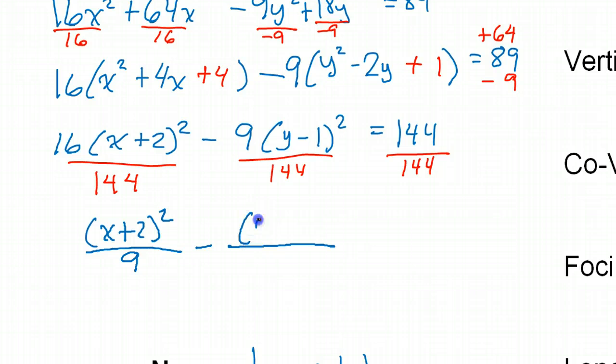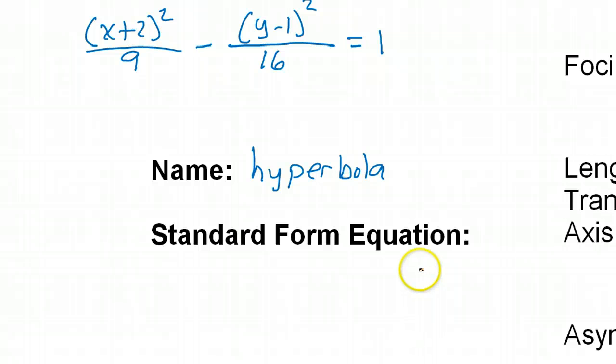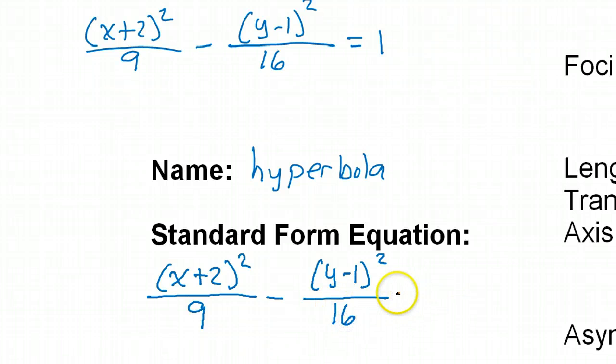That means this is going to be y minus 1 squared over 16 is equal to 1. Okay, let's just copy that down under standard form equation, because that's what it is. X plus 2 squared over 9 minus y minus 1 squared over 16 equals 1.